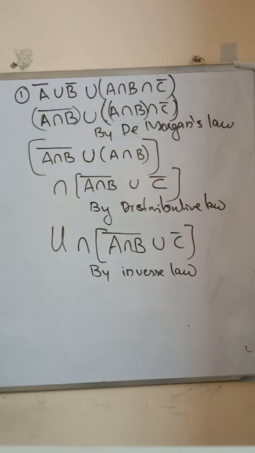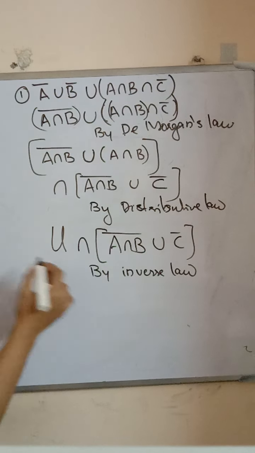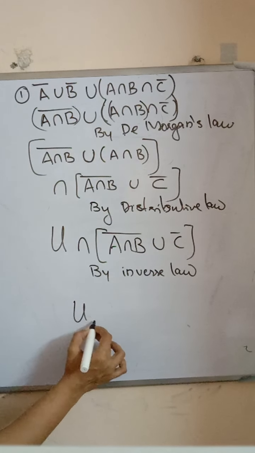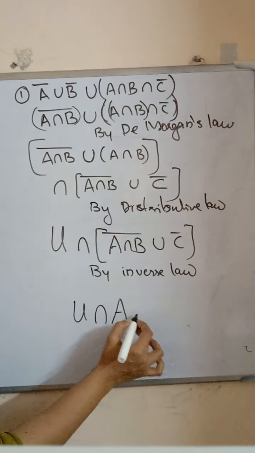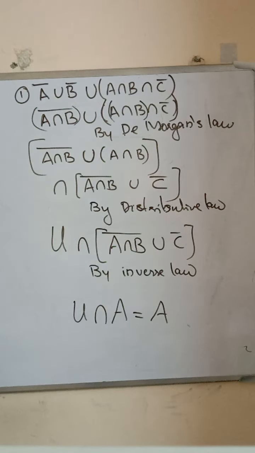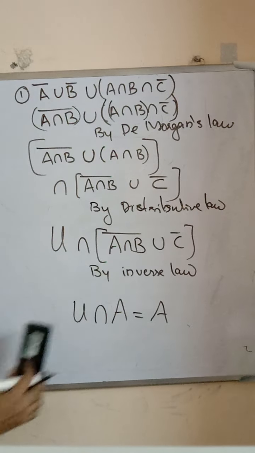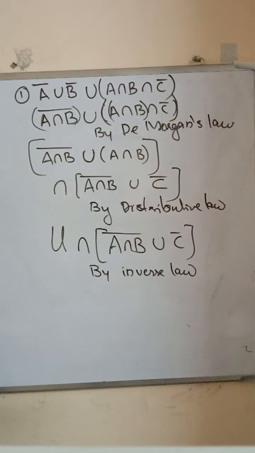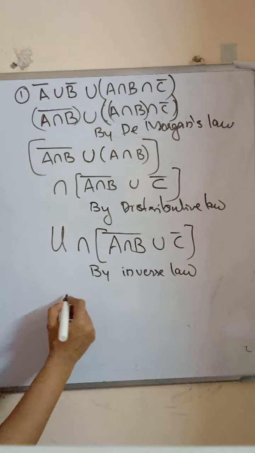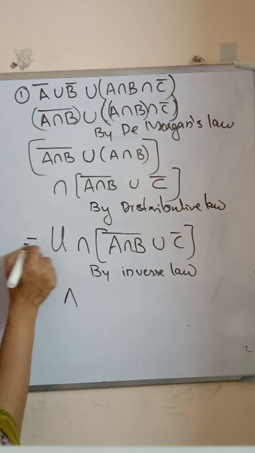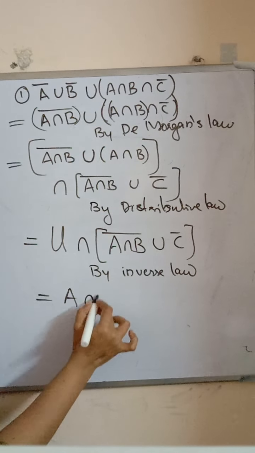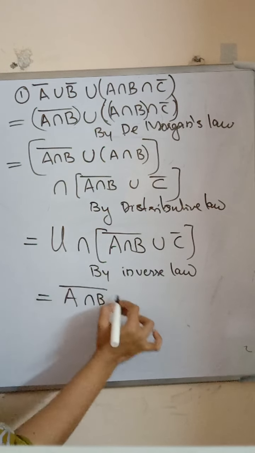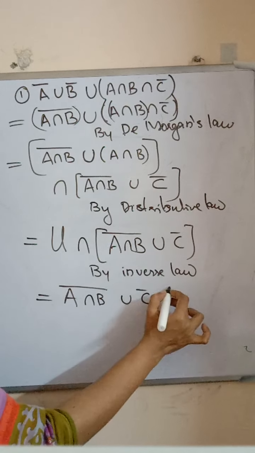Then we also know that universal set intersection A is equal to A. That is, intersection of any set with the universal set is that set. So that is the identity law. Therefore, by identity law, this set equals A intersection B complement union C complement.